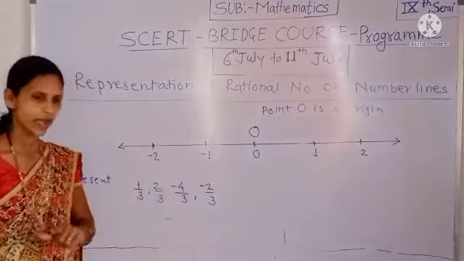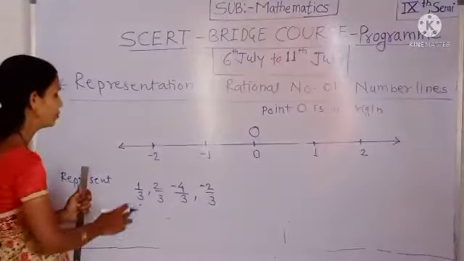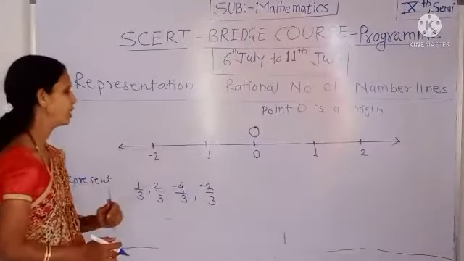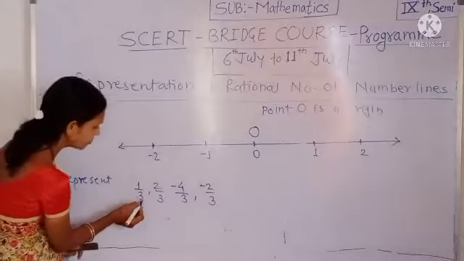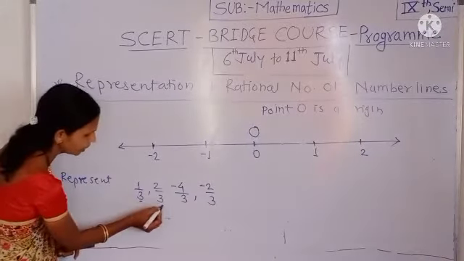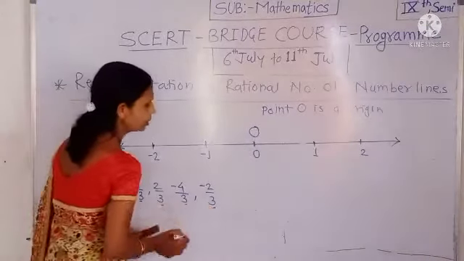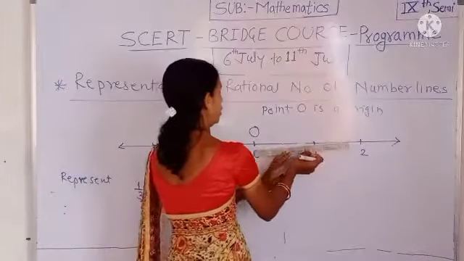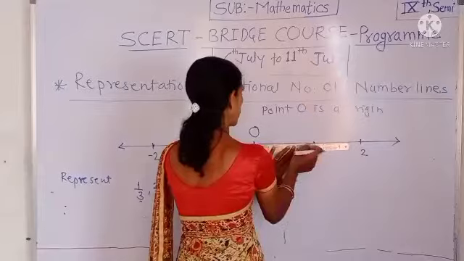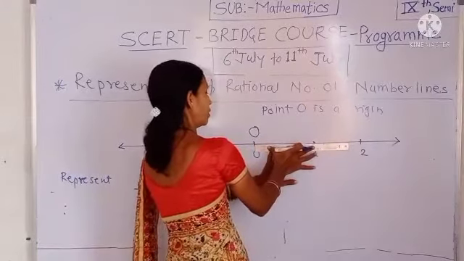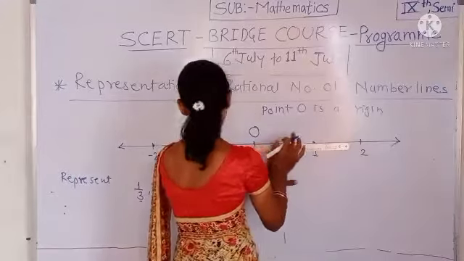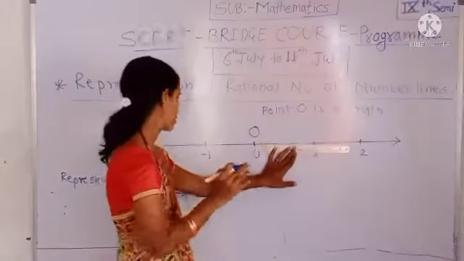Those numbers are rational numbers. Then we can represent those numbers on that number line. Then see here first the denominator. Here the denominator is 3. Therefore we can make equal parts of each from 0 to 1 and 1 to 2, that is 3 equal parts.